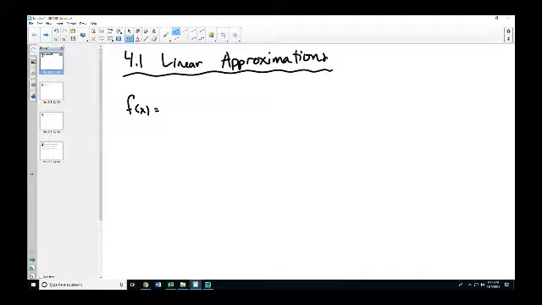So this is x cosine x. That's a hard problem because if we calculate the derivative, it's a product rule, not just a power rule.